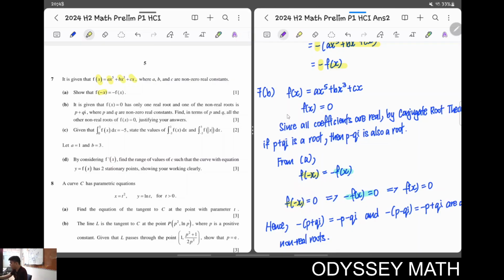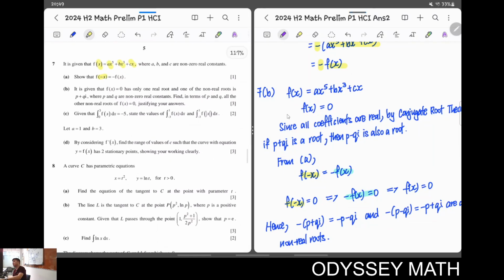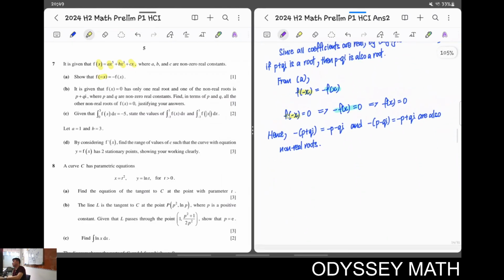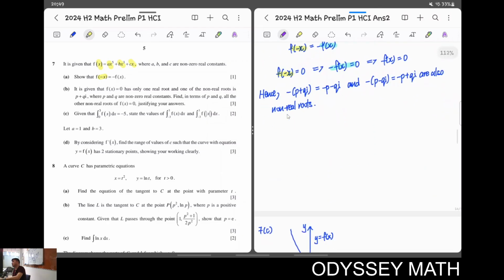So I replace the p plus qi, put a minus in front. So I have another non-real root, minus p minus qi, and here also I put a minus in front, minus p plus qi. Interesting. So that is for 7b over here. Any question on that? This one is tough. Okay, let's move on to 7c.